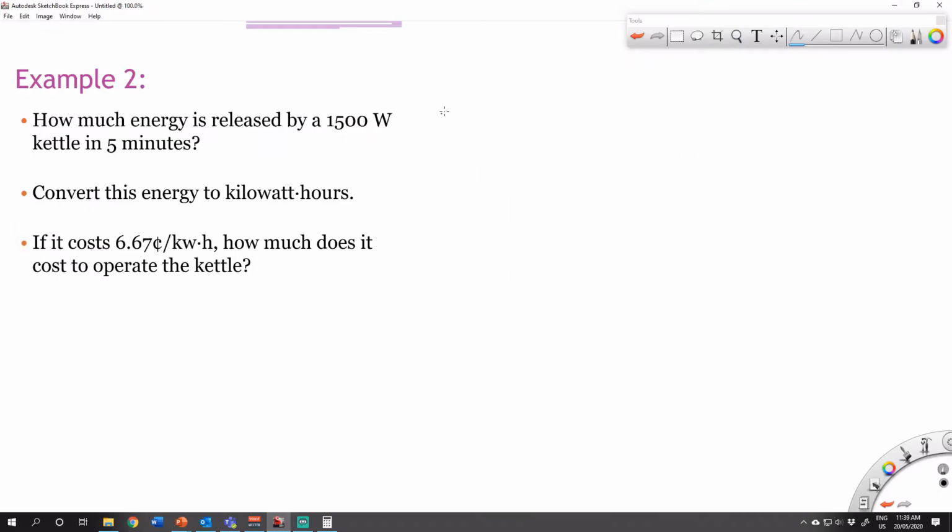If you remember, power is energy per time. We have our 1,500 watt kettle, that's its power rating. We want to figure out the amount of energy it uses or creates, and we are operating for 5 minutes. We'll convert that to seconds, and then carry out the calculation.